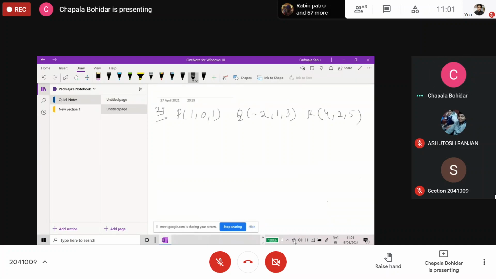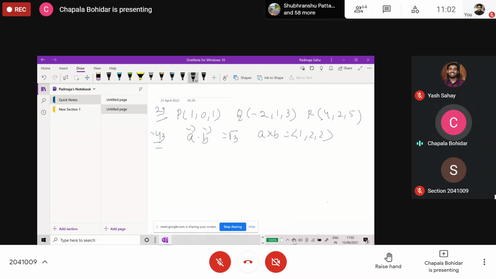I think this question is already done. 43: if A dot B is equal to root 3 and A cross B is equal to (1, 2, 2), find the angle between A and B. What do I do? AB cos theta equals root 3.